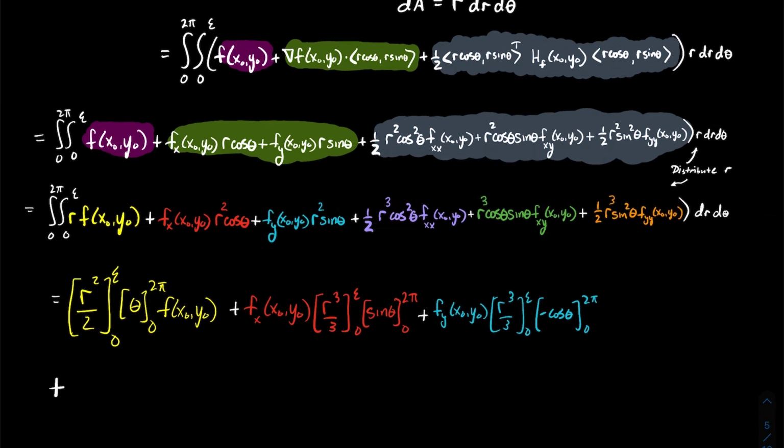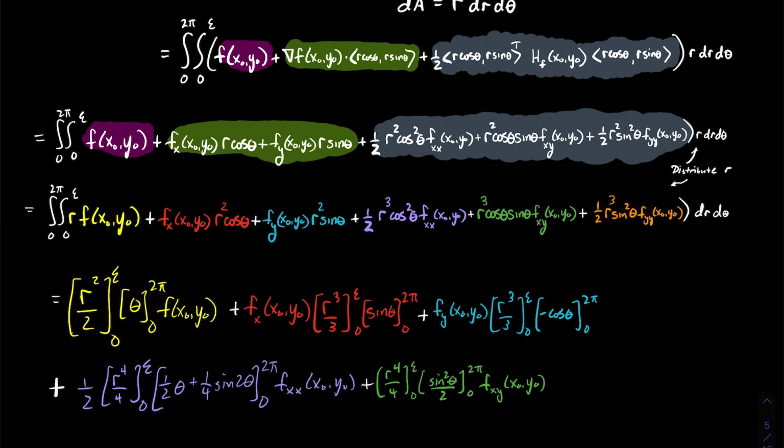In the purple, we're going to go down a line. So we'll keep adding here, though. In the purple, we're going to bump up the power of r and divide by 4, and then cosine squared theta, remember your half angle formulas, that should turn into 1/2 theta plus 1/4 sine of 2 theta from 0 to 2 pi, and then you've got your constant second partial with respect to x. The green is going to look really similar.